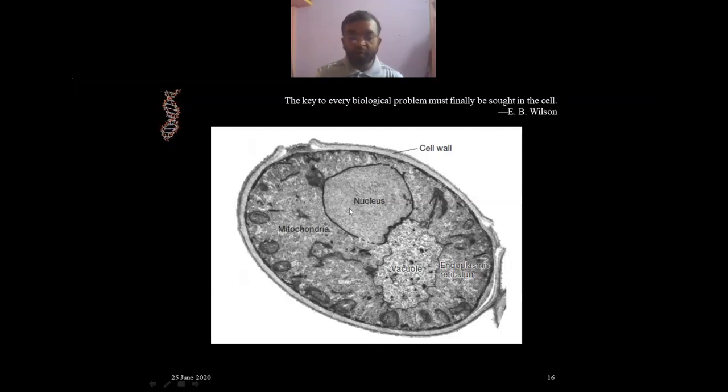There is a requirement of coordination between two cells, coordination between two organs, coordination between two systems. For example, in our body, we have the nervous system, the circulatory system, the immune system. Different systems are there, and what is expected is that all should work in coordination.